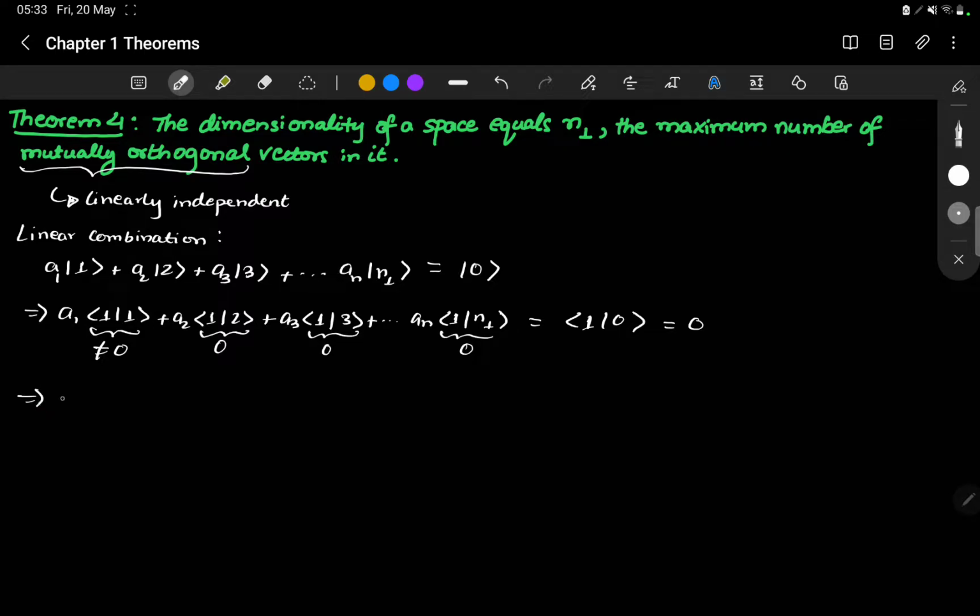So what do we get? We get A1 times a non-zero number is equal to 0. This thing over here is non-zero. What does that mean? That means that A1 equal to 0. So this was when we took the inner product with the first vector.